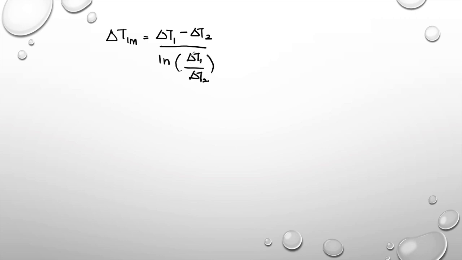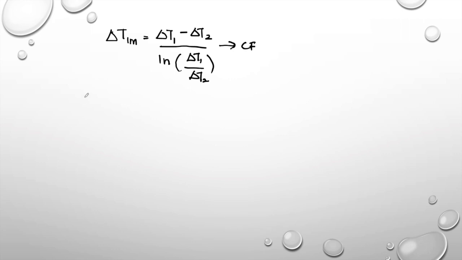This is the equation for delta T log mean for the counter flow. But now we have multipass cross flow, so we have to provide another value in the delta T log mean, which is the correction factor. That will be calculated after this, so we solve delta T log mean first.